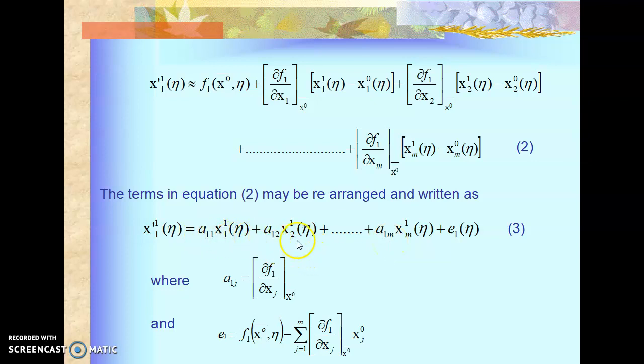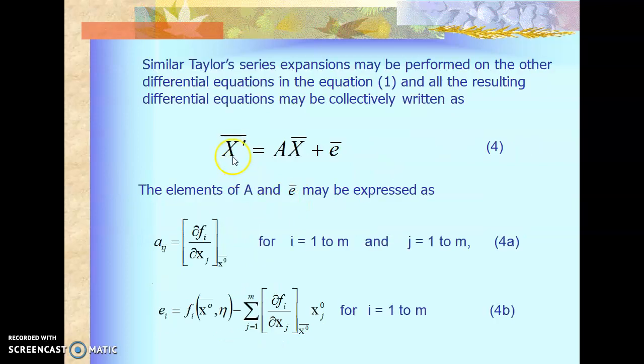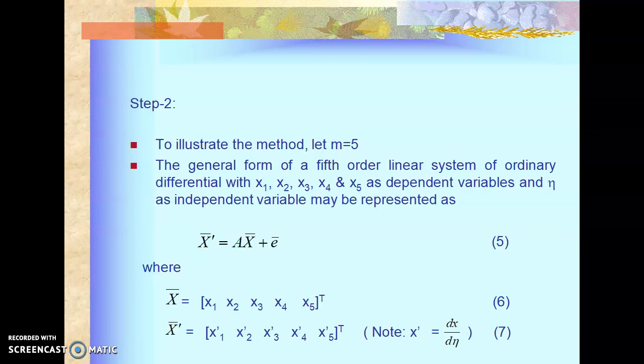All these coefficients are given by these equations. Similarly, by writing all other equations, the nonlinear system has been converted to this linear system. Now this is the linear system we have to solve, subject to the given boundary conditions.